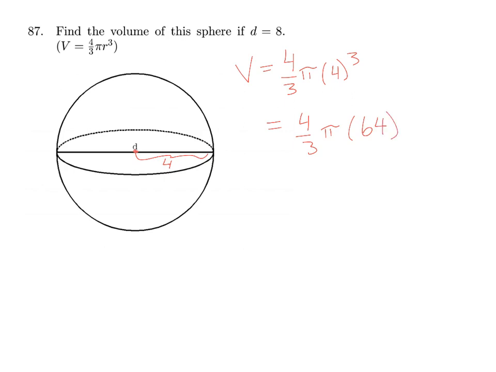And then we have 4 times 64, which is 256. Over 3 pi. 256 pi over 3. Done. And it's just units cubed.